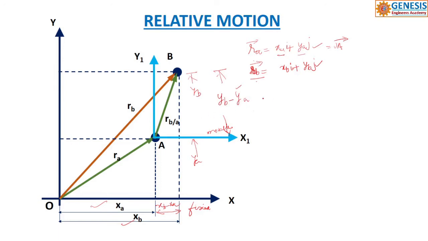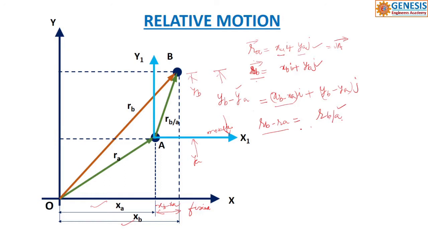If you write all these components, XB minus XA on the x-axis and YB minus YA on the y-axis, this I can say is RB minus RA. This RB minus RA is the position vector of B with reference to A. This we can call a relative position vector.